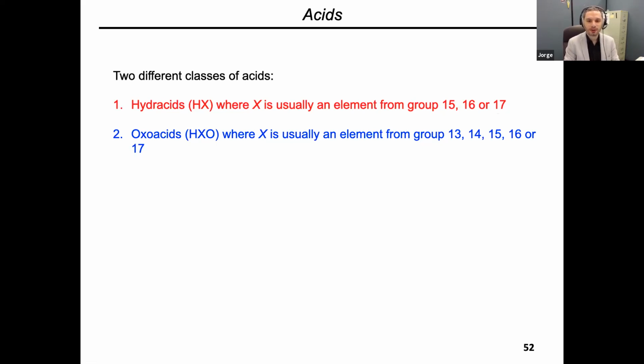The second subdivision of acids is called oxoacids. Oxoacids are formed when we have hydrogen, an element X and oxygen, okay? HXO. And the element X is usually an element from groups 13, 14, 15, 16, or 17.